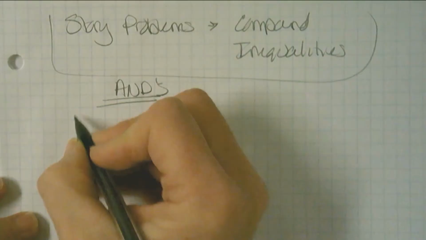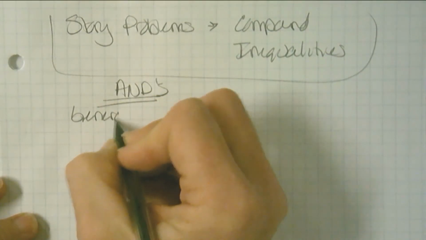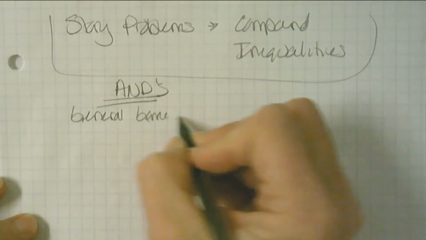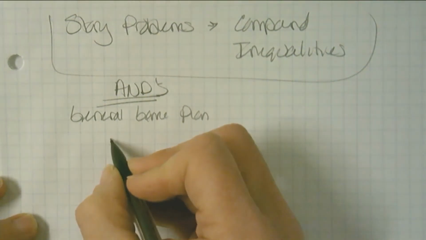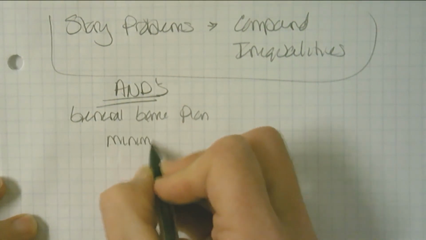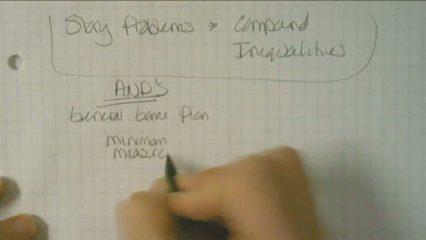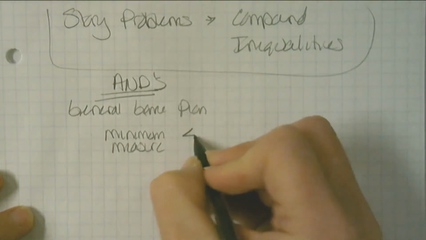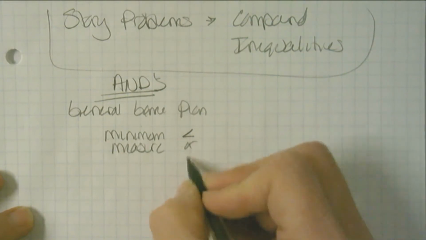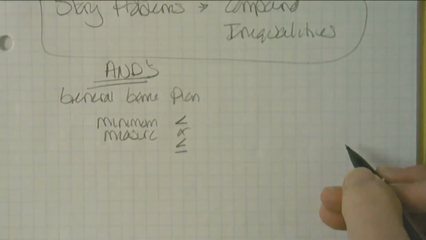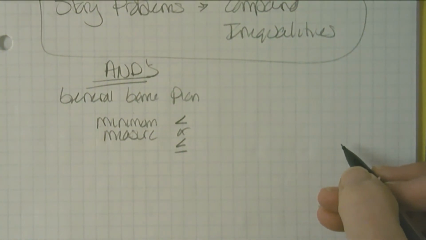All right, and you're always going to write a general game plan where we have the minimum measure of whatever it is you're measuring is less than or equal to, depending on the story problem.